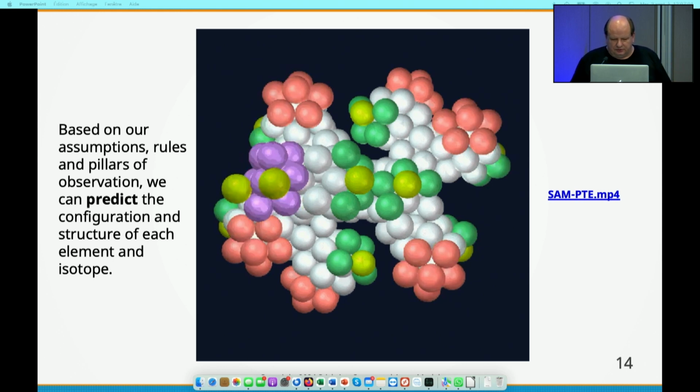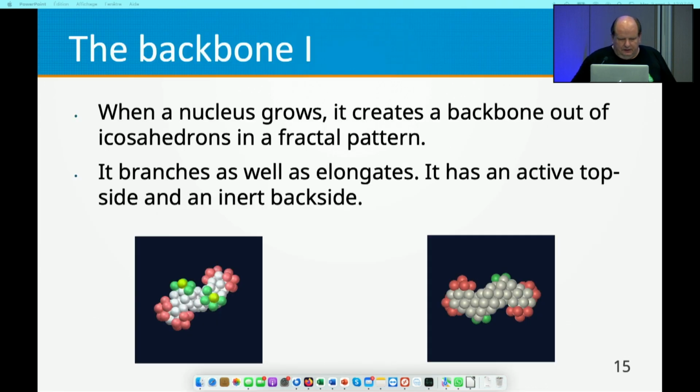That is very important. So we have what I would call a backbone inside the nucleus, and as you've seen, this grows, and we have active endings on the ends of the branches.